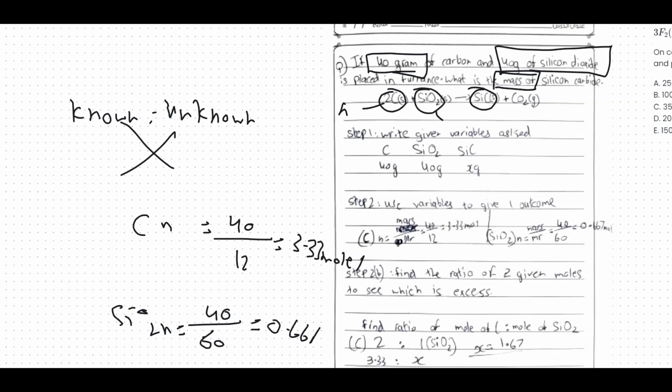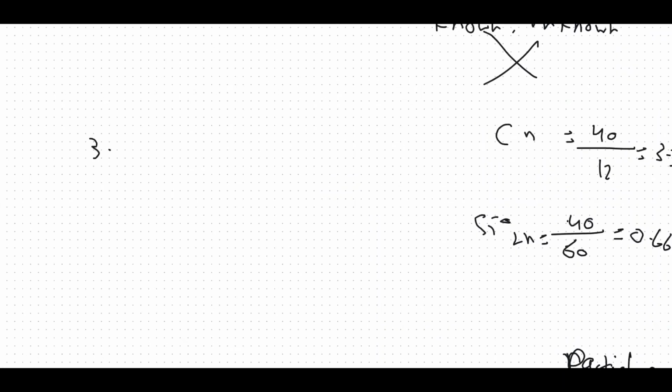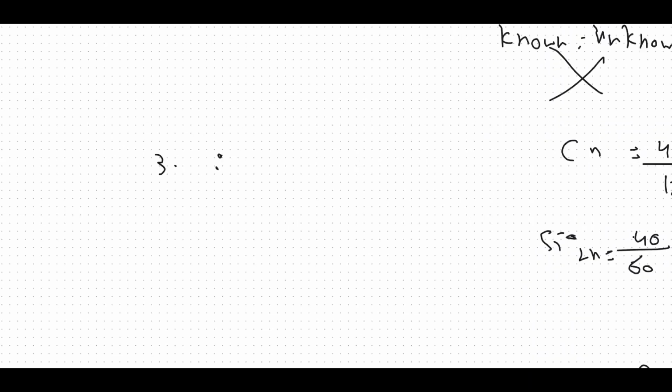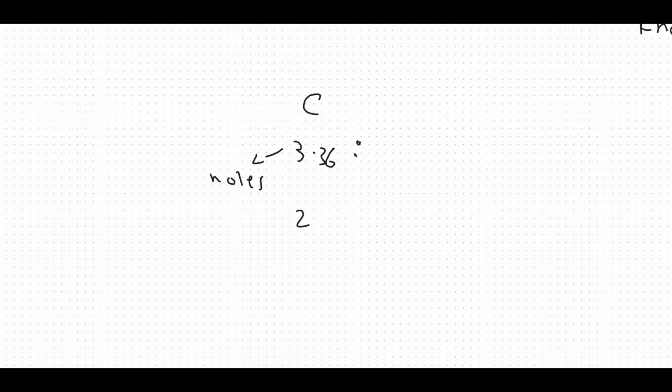Now comes the confusing part. In these types of questions, you'll compare the ratios of these two values. Let me explain. So I have 3.33 moles of carbon. What is the suffix of carbon in this reaction? It's 2, so I write 2 as the suffix. 2 molecules is giving me 3.33 moles of carbon.